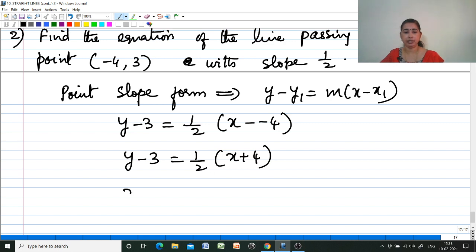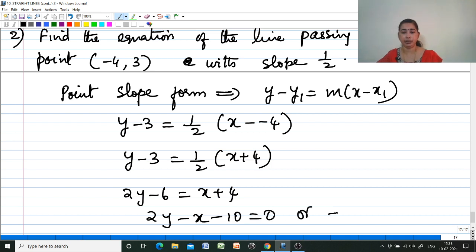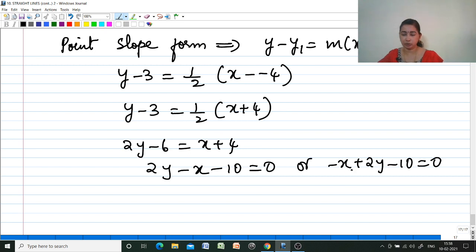Cross multiply: 2y minus 6 is equal to x plus 4, or 2y minus x minus 6 minus 4, which is minus 10, is equal to 0, or minus x plus 2y minus 10 is equal to 0. Or we can write, multiplying throughout by a negative sign, x minus 2y plus 10 equal to 0 is the equation.